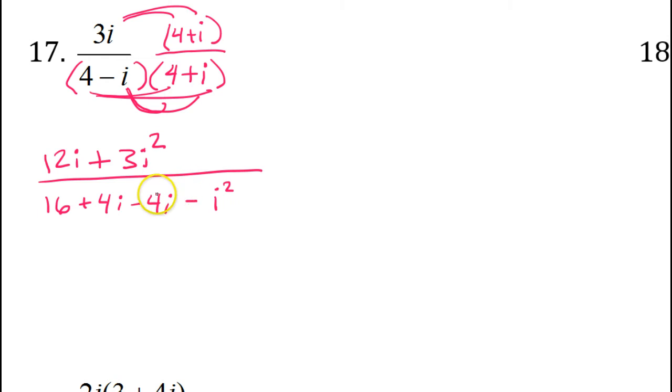Okay, so now i squared. Please remember that i squared is equal to negative 1. So this is negative 1, and this i squared is actually negative 1. So in the numerator, that will give me 12i minus 3, because 3 times negative 1 is negative 3.